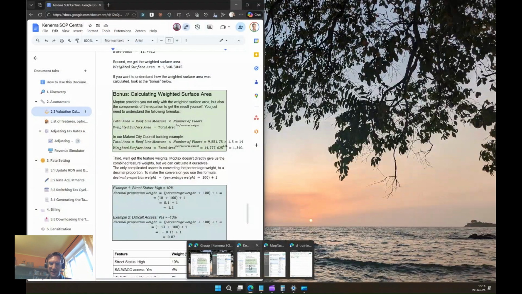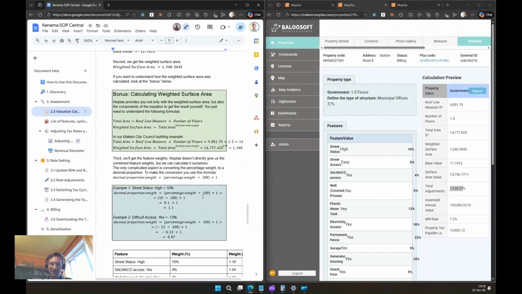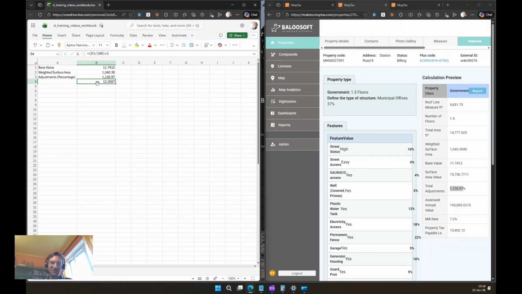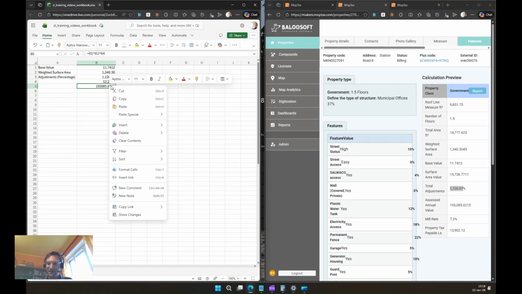If we reference back to this, we'll remember that that's what we saw here when we worked that out. So everything stays consistent. And so I take the base value, multiply it by the weighted surface area, multiply it by the weight of the property type and the features, and I get this value here, 193,000.